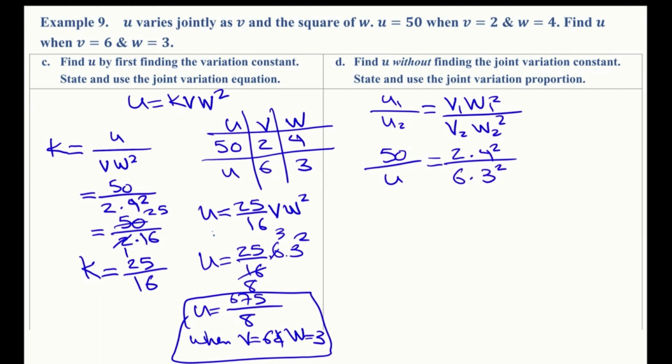So if we cross multiply, we get 2 times 4 squared u equals 6 times 3 squared times 50. We go ahead and divide both sides by 2 times 4 squared. We simplify.